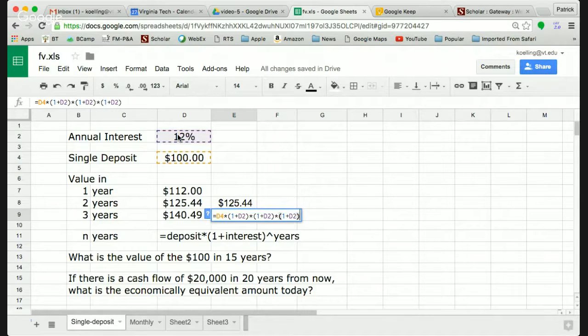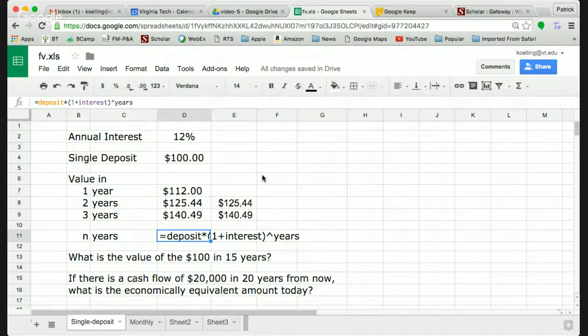Hopefully you can see a pattern here, and that pattern is our initial deposit times 1 plus the interest rate taken to the power the number of years in the future. So this is how we find a future amount given a present amount.